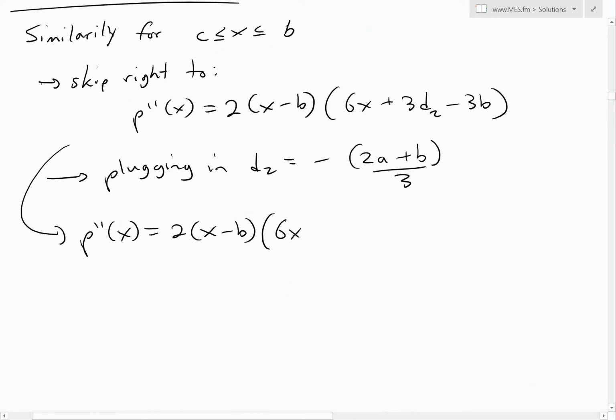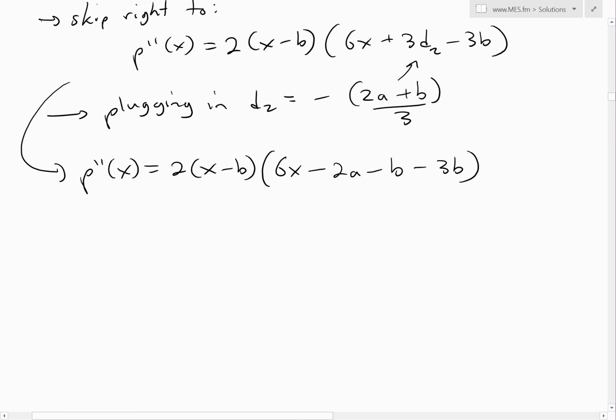6x, and now we have this right here. This is going to be negative, the 3's cancel, so we'll have 2a minus, because we're throwing that over there, minus b, minus 3b, is this part. So what we have now is equals 2x minus b, 6x, minus, now this is going to be 2a, and then minus 4b right here.